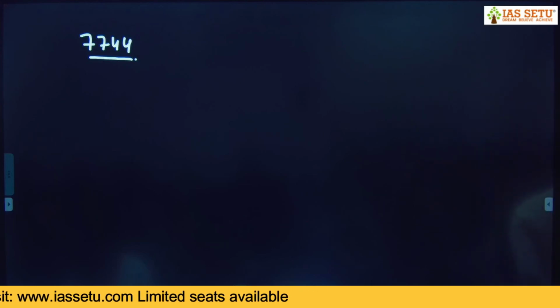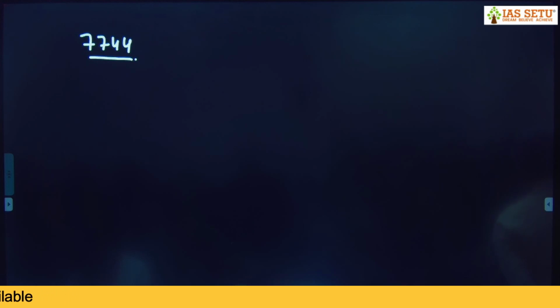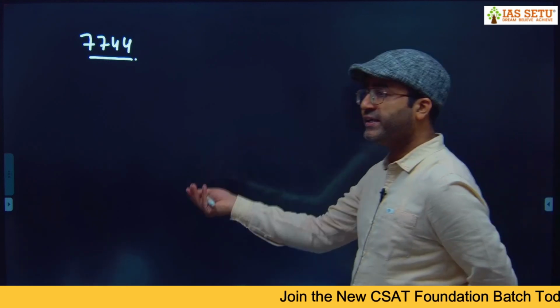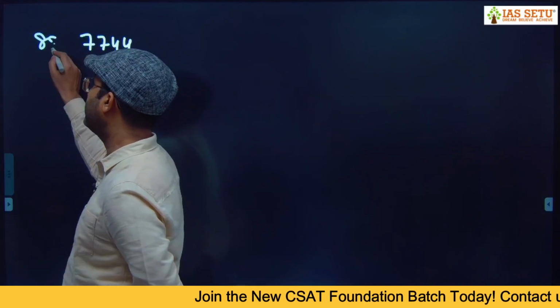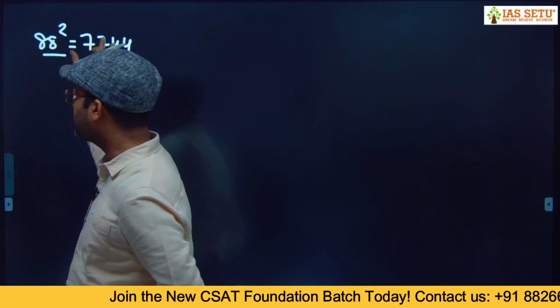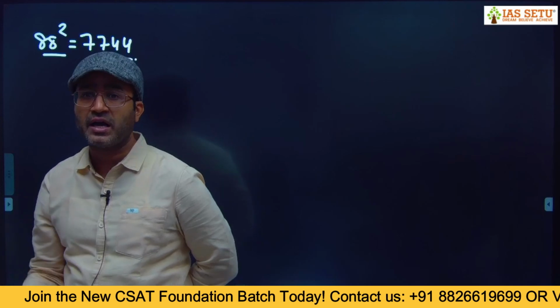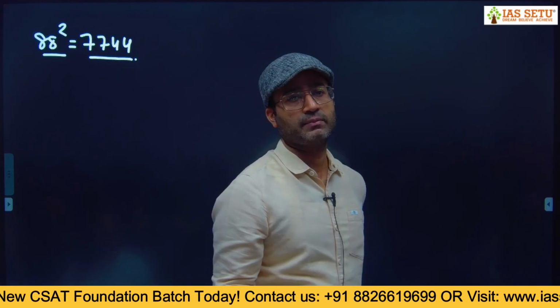Meaning there is no other 4-digit number which has first two digits and last two digits same. And one more thing, it is 88 square. That is also the same digit, 88 square. And this 7744 has been asked indirectly in CAT and other exams.